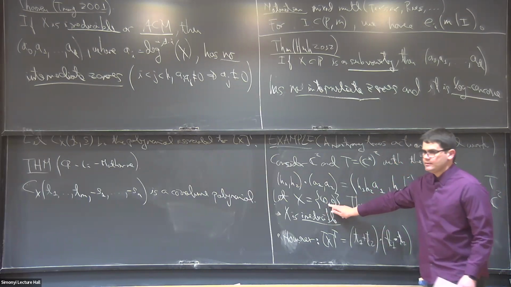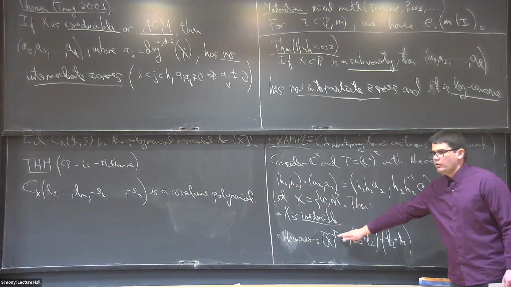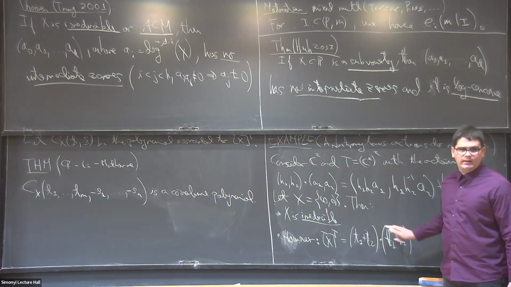I mean, the origin is just a complete intersection, cut out by x1 and then by x2, and then the cohomology class will be just the product of the weights coming from x1 and then x2.